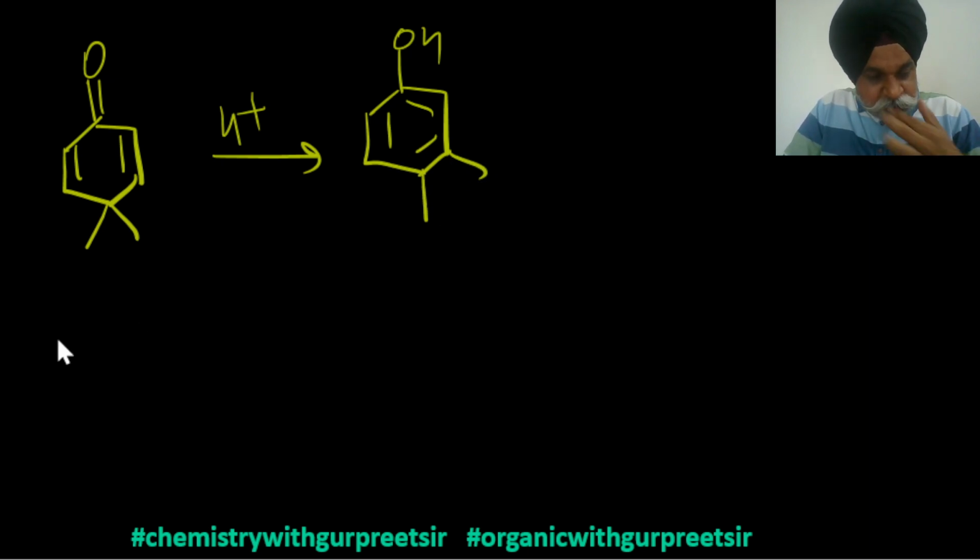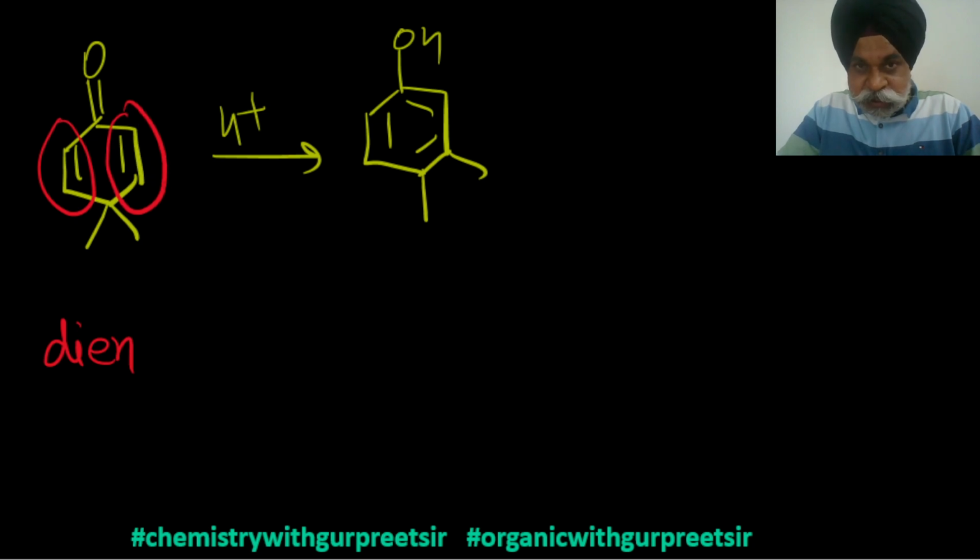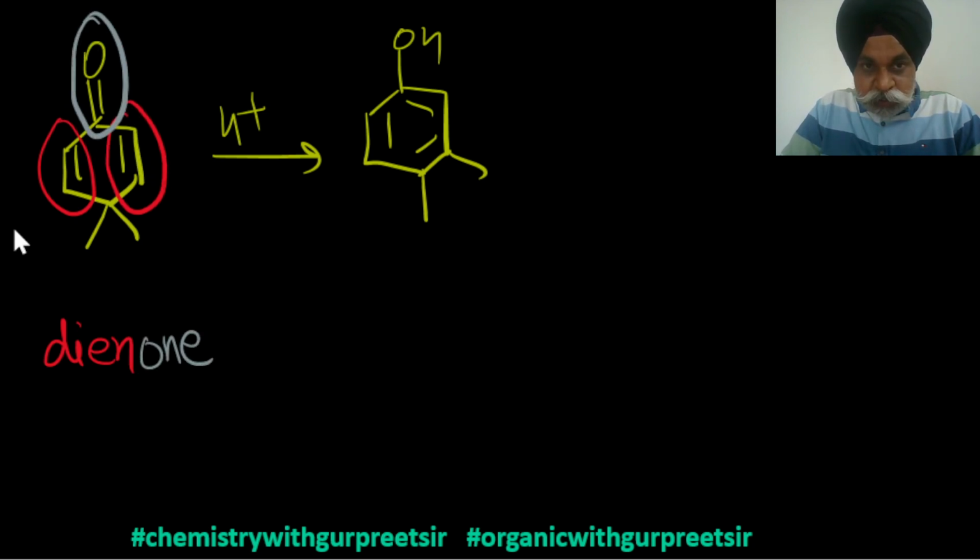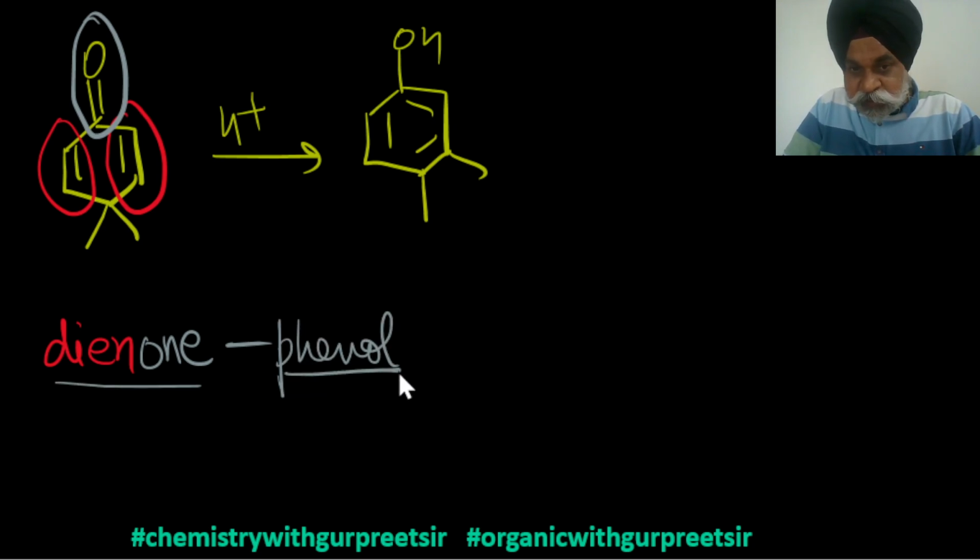So this in a way is also called a dienone, because there are two double bonds and a keto group is also there, and what you have generated here is a phenolic group. So this is also commonly called the dienone-phenol rearrangement.